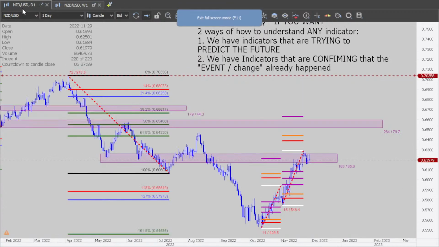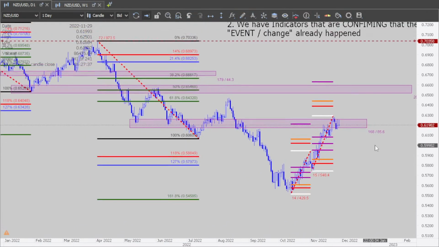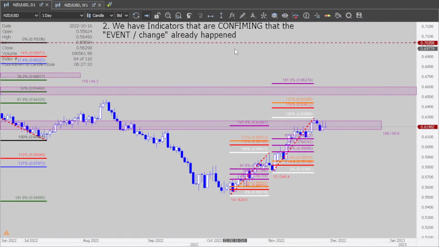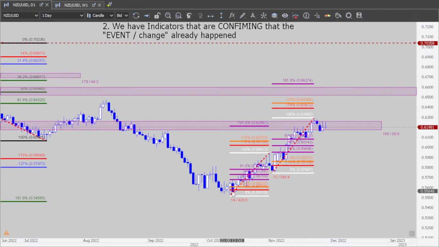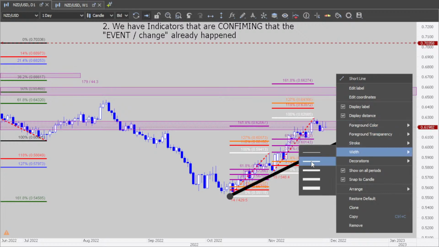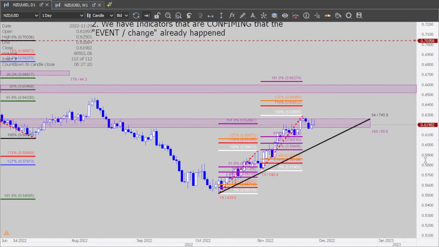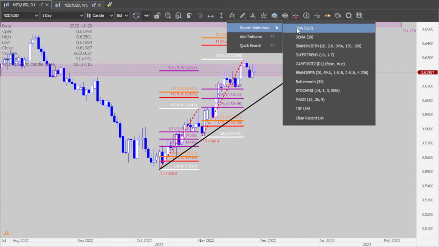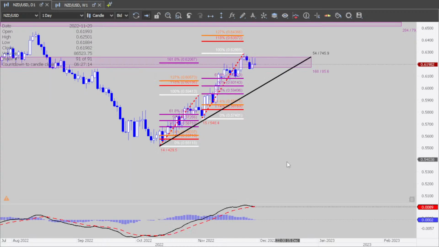So this is the weekly chart. Now this is the daily chart. I want to short the market with the counter trend line, something like this. Fibonacci and crowns are my main reference, and I'm going to put MACD on the chart.